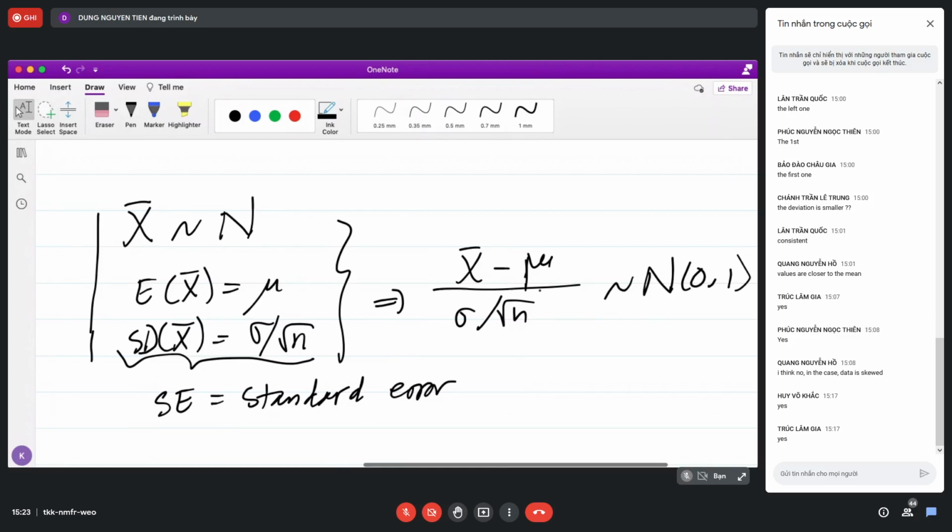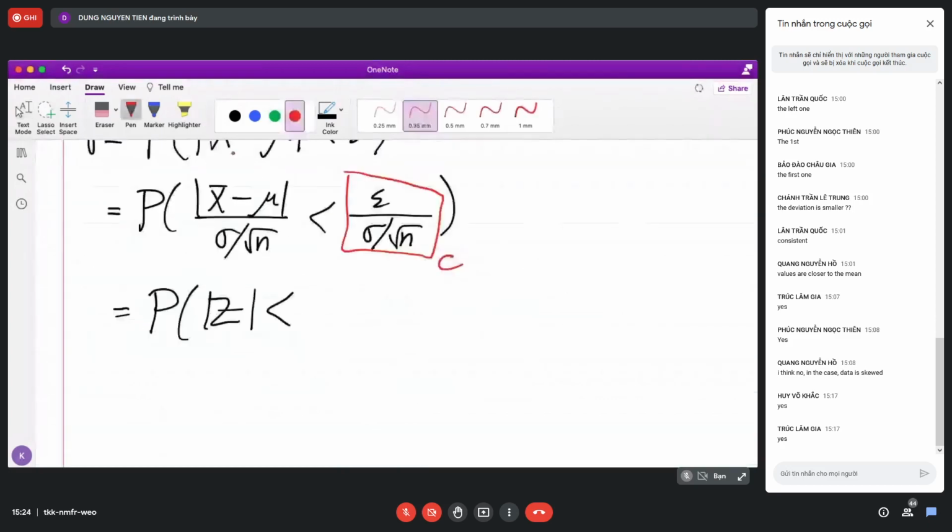If I denote this ratio by Z, then this becomes the probability that the value of Z is less than epsilon over sigma over the square root of n. Then if I denote the right hand side by c, I get c right here. Do you understand what I'm saying? Is that all clear, everybody? Okay?